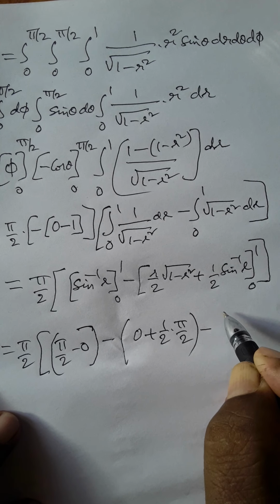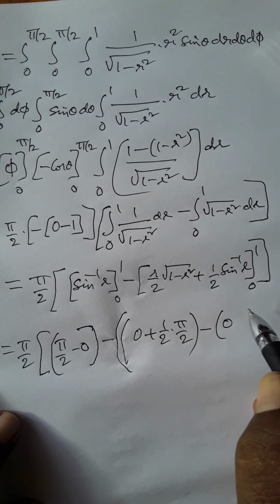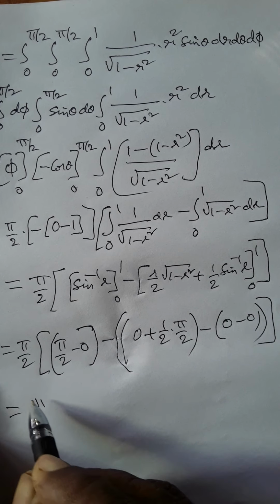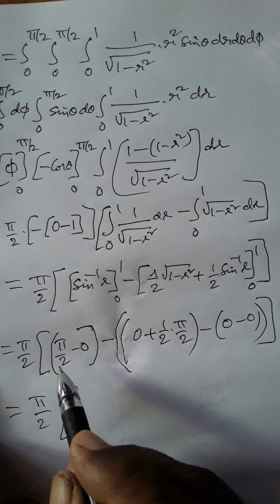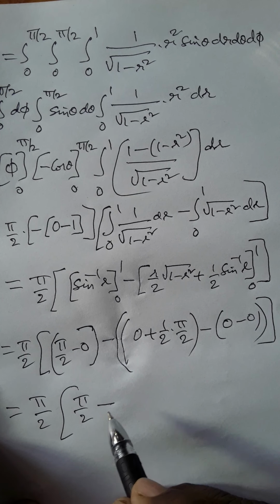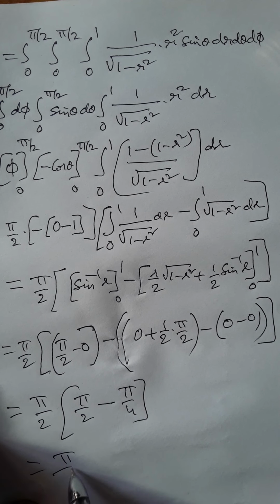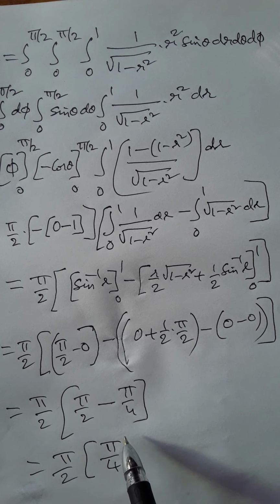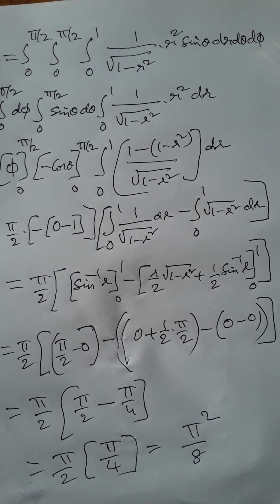Lower limit 0, sin inverse 0 is 0. This is pi by 2 minus pi by 4. Pi by 2 minus pi by 4, taking LCM 4, we get pi by 4. So pi square by 8.